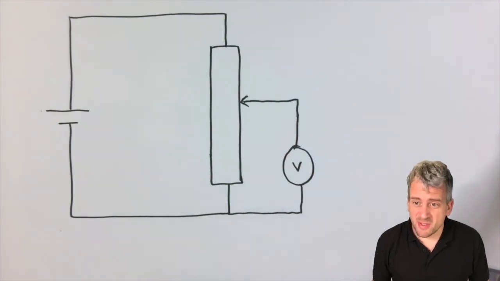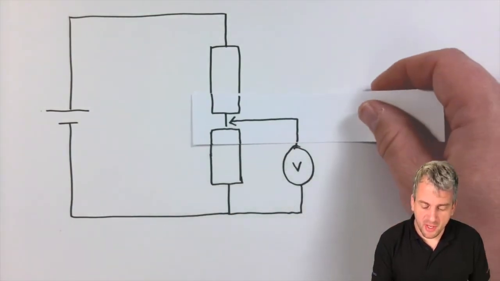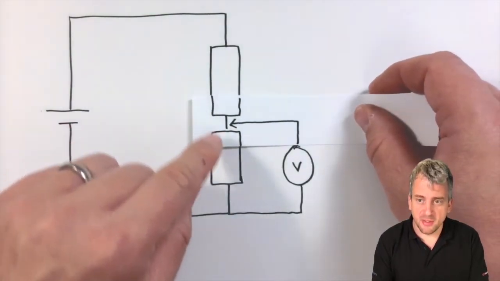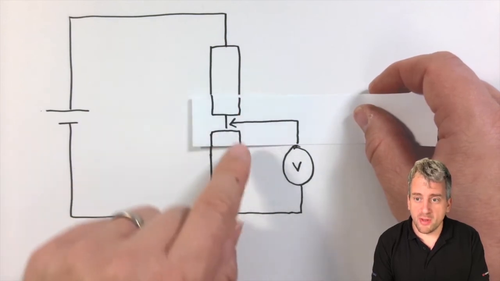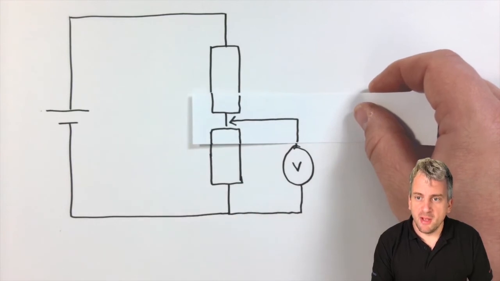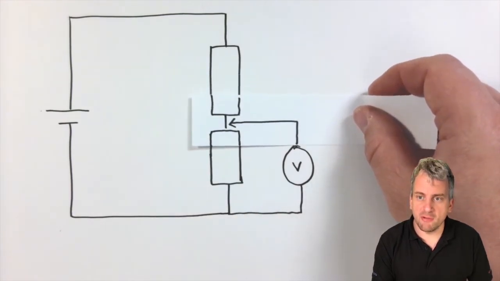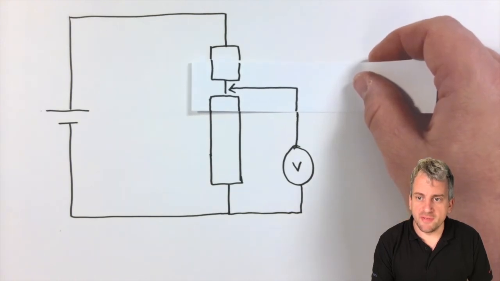But the truth is, what's effectively happening is you've got a fixed resistance here, but it can be thought of as two resistors, one at the bottom, one at the top, and we're joining in to the middle. And as you move it around, you're shrinking and growing the different resistors above and below.